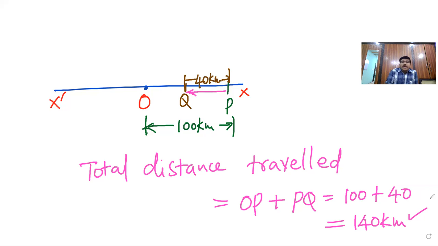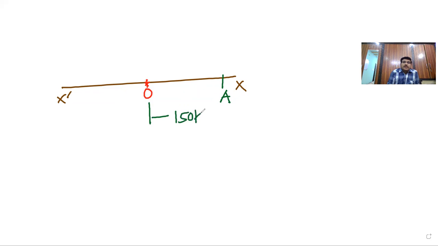Okay. Now, another example I take. Suppose, let us say, this is the line, x-axis, negative x-axis, and this is the origin. Let us say the object has gone from O up to point A, a path length of 150 kilometers.